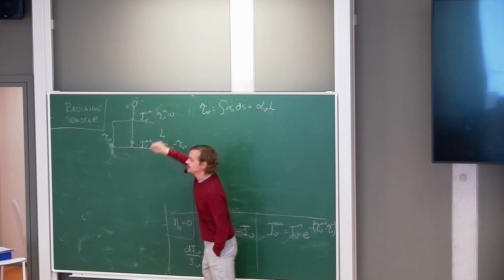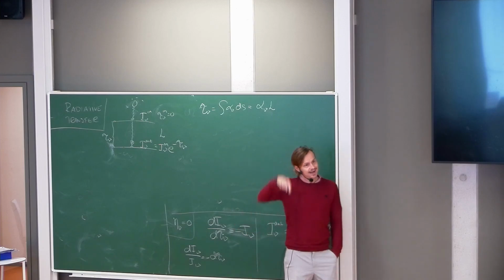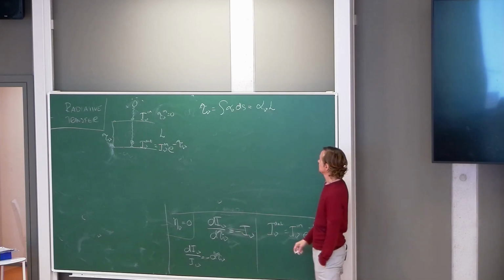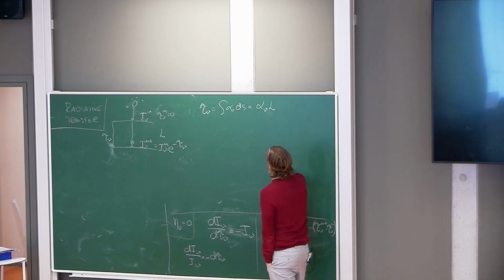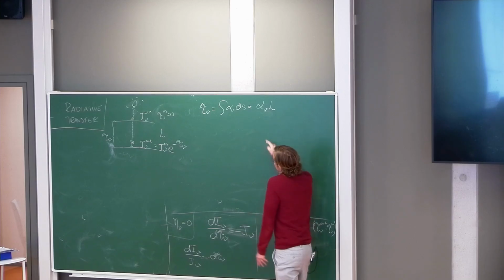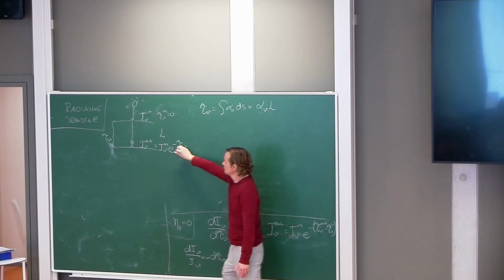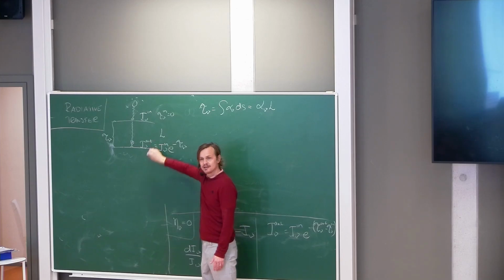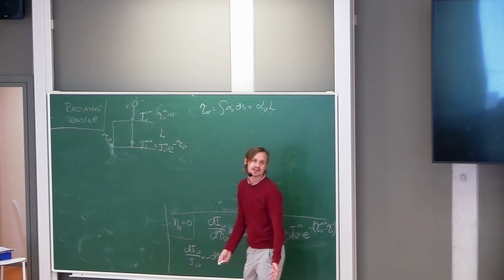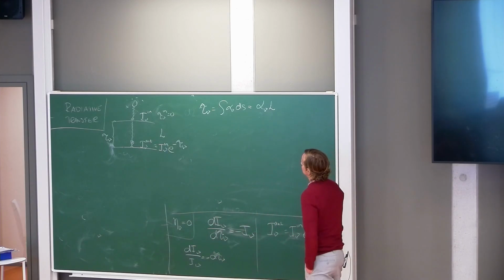Where L then is the length of the atmosphere, or the height in this case, sorry for saying length, of the atmosphere. And then if this is high, at a specific wavelength, then we won't see any light from that. If it is low in another wavelength, we will see it.